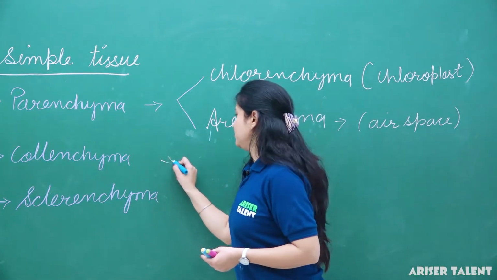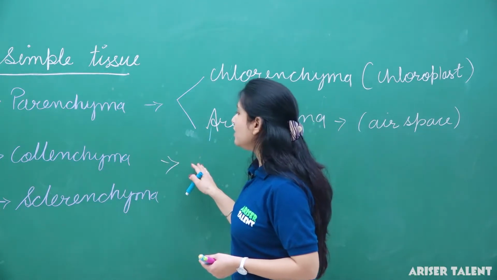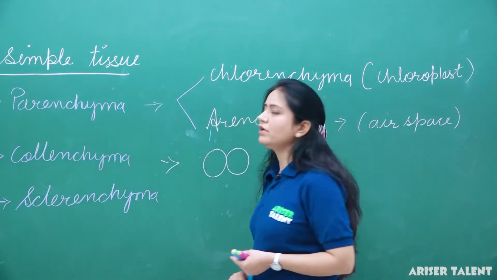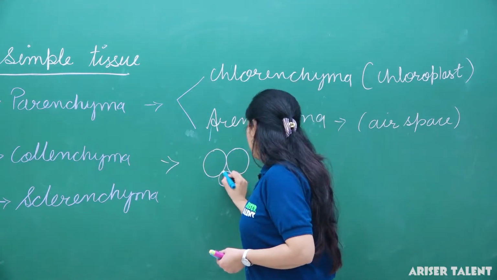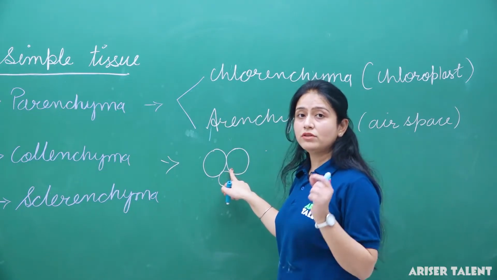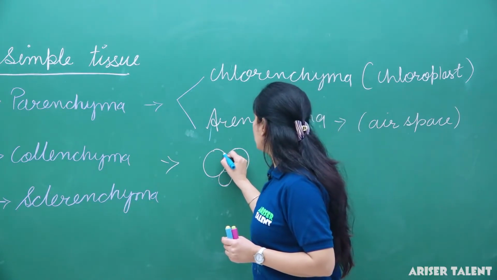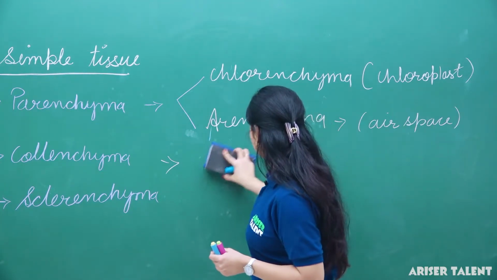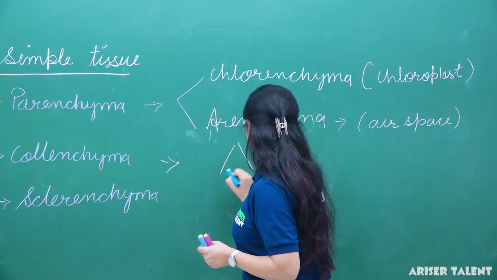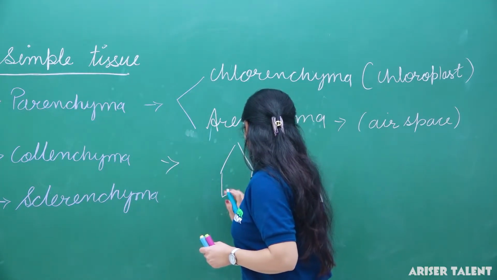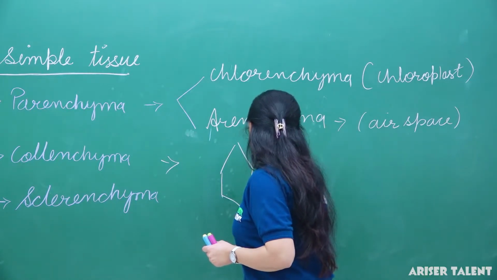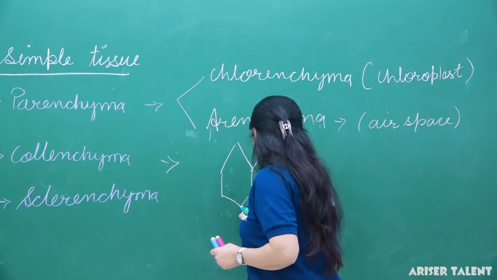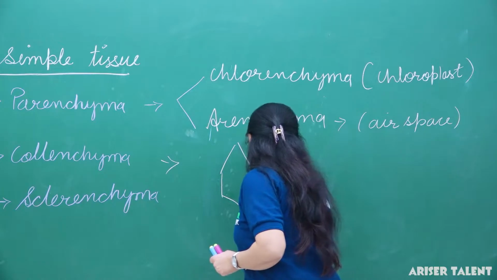Next is collenchyma. In collenchyma, the cells have less intercellular space, and the cell wall has some thickening. If I draw the structure here, they are thickened at the corners where the different cells meet.